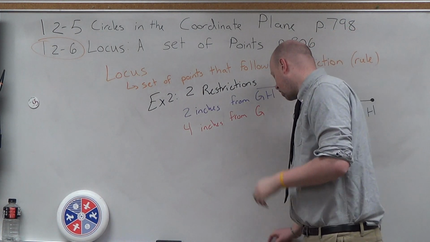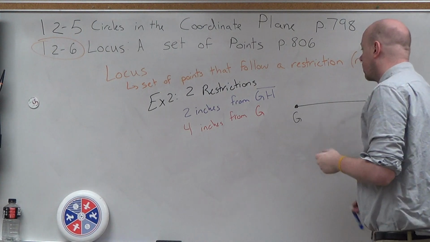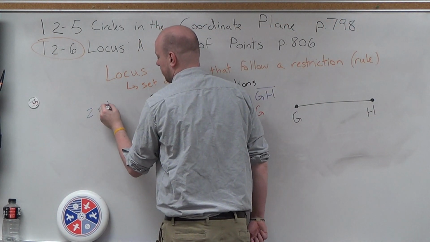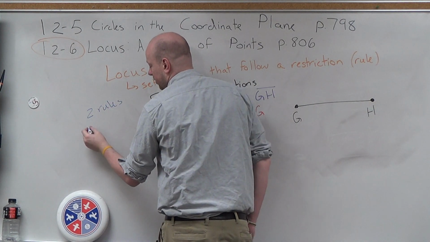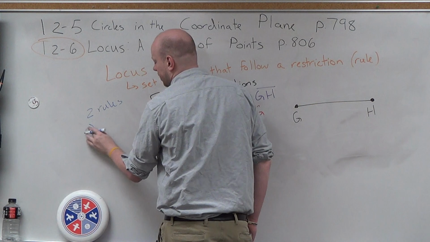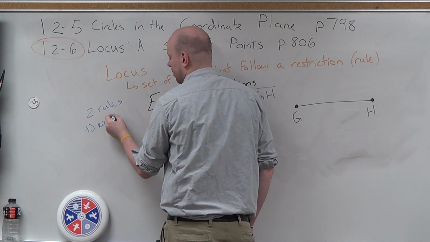So the way we go about doing this is, if I have 2 restrictions, if I have 2 rules, I do this step process. First step, we just do each rule individually.